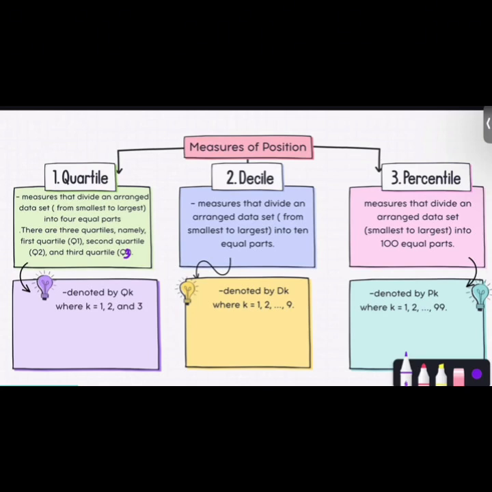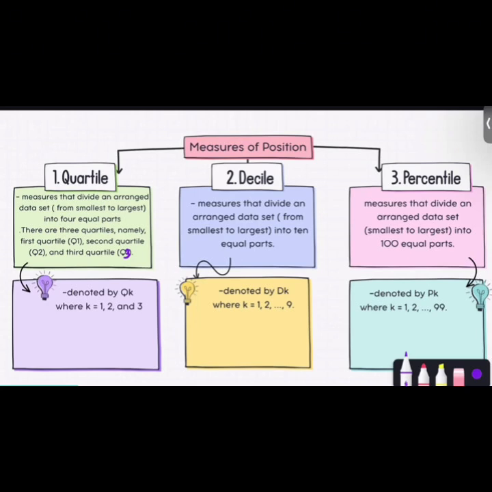Now, let's proceed with our decile. Decile measures divide an arranged dataset from smallest to largest into 10 equal parts. It is denoted by D sub k, where k is equal to 1, 2, up to 9. Lastly is the percentile, which measures divide an arranged dataset from smallest to largest into 100 equal parts.